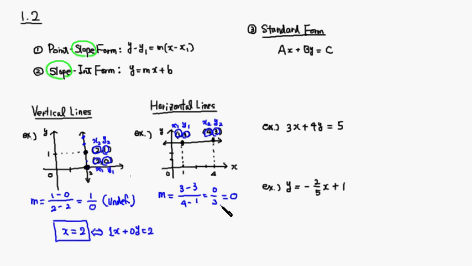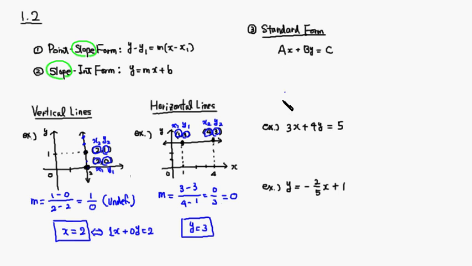The slope does exist, but our slope is 0. So we can use the slope-intercept form: the y-intercept is going to be 3 in this case, and the slope is 0. So the equation is y equals 3.